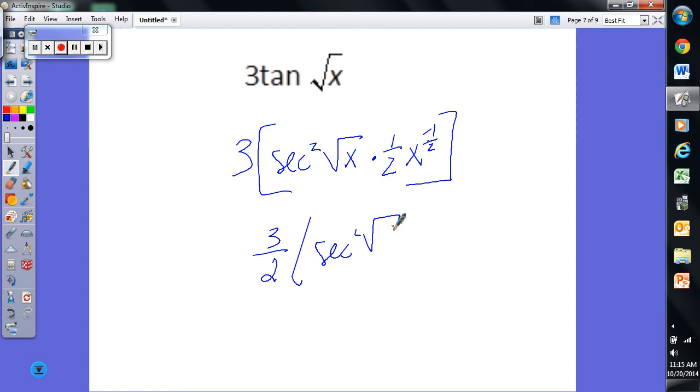Secant squared root x times 1 over root x. Now I pray that you don't want to cancel these, because this is not secant squared times the square root of x, it's secant squared of the square root of x. So these are not the same thing. You can't cross them out. That's your final answer. 2 more.